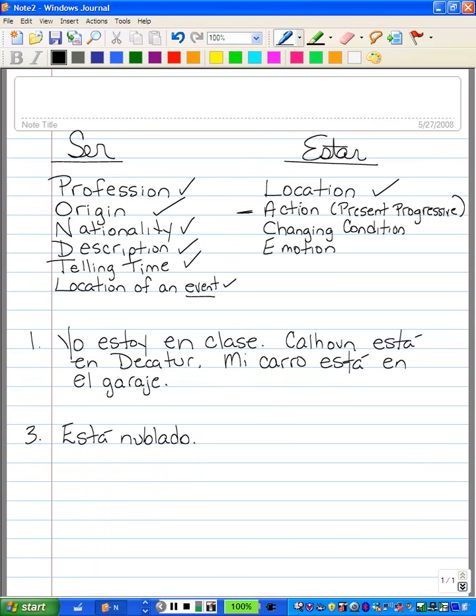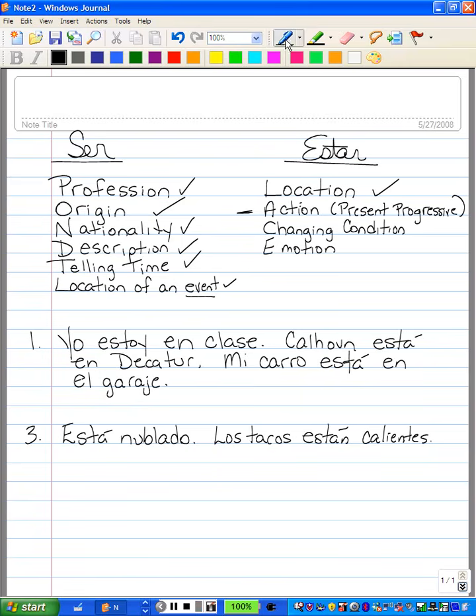It can be like if you say that your food is hot, as in warm hot, you would say, let's put a noun there. You could say los tacos están calientes. It's a changing condition because the tacos are hot, but if you leave them sitting on your plate for a minute, they're going to be cold.